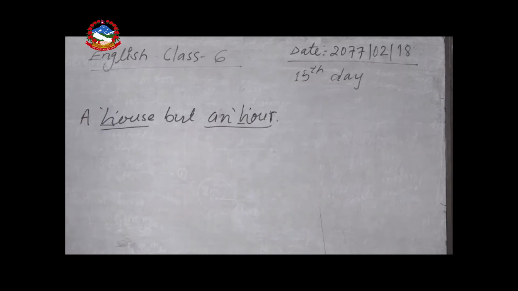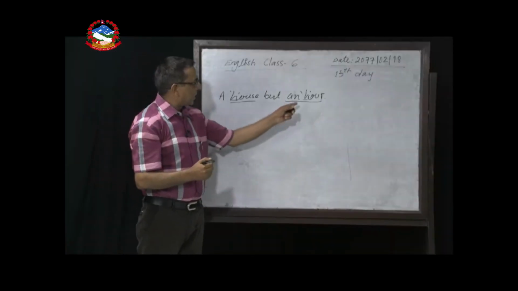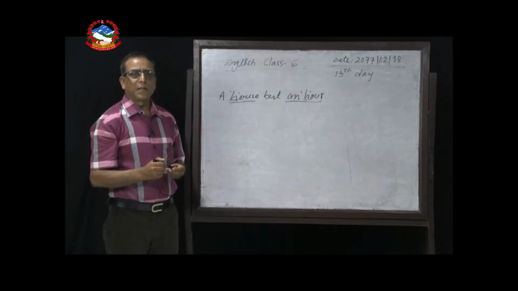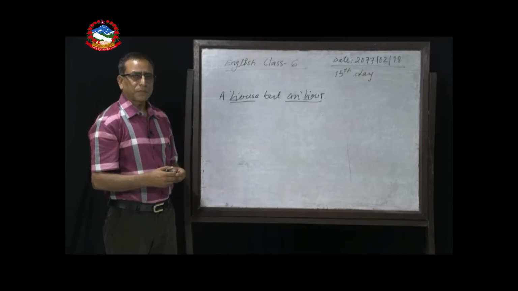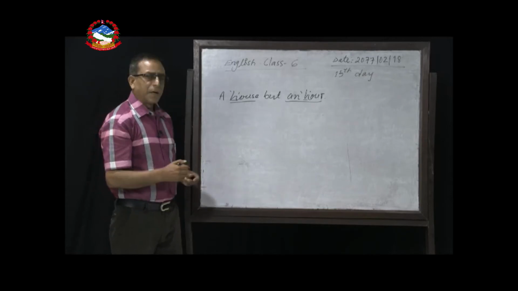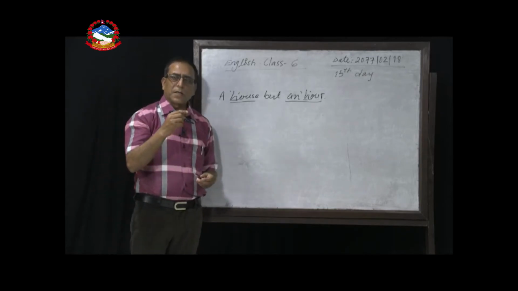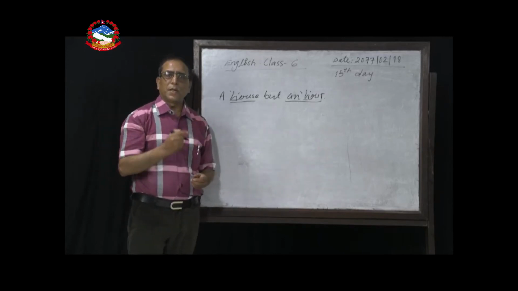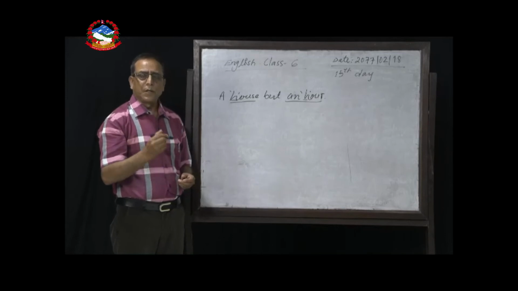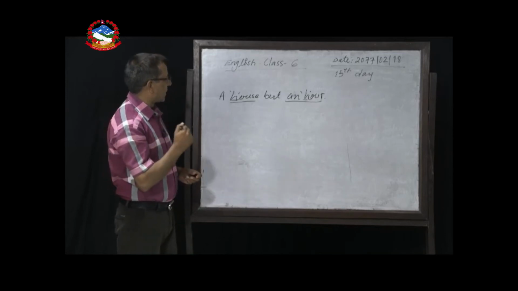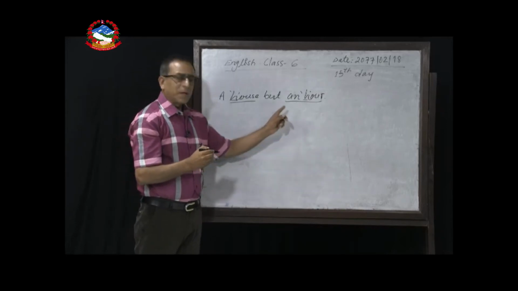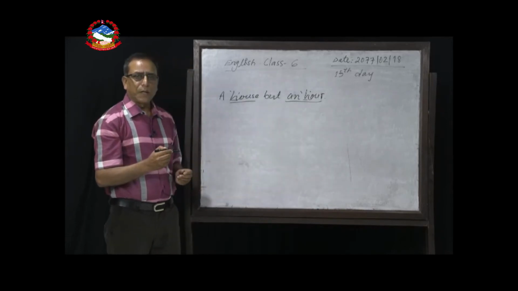H is silent means in the beginning sound of hour, H is silent. So, I have told you already, according to the initial sound of the word, you should think it is important, such as a house but an hour. Why?